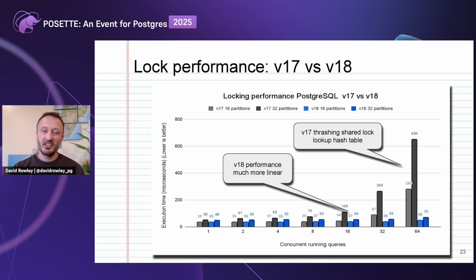In the 16 partition test, that one lock that spills over into the shared lock table is starting to cause contention at that common point that all these sessions are touching. If you look at Postgres 18, the blue bars, things are much better. The scalability is much more linear as we increase the connections.